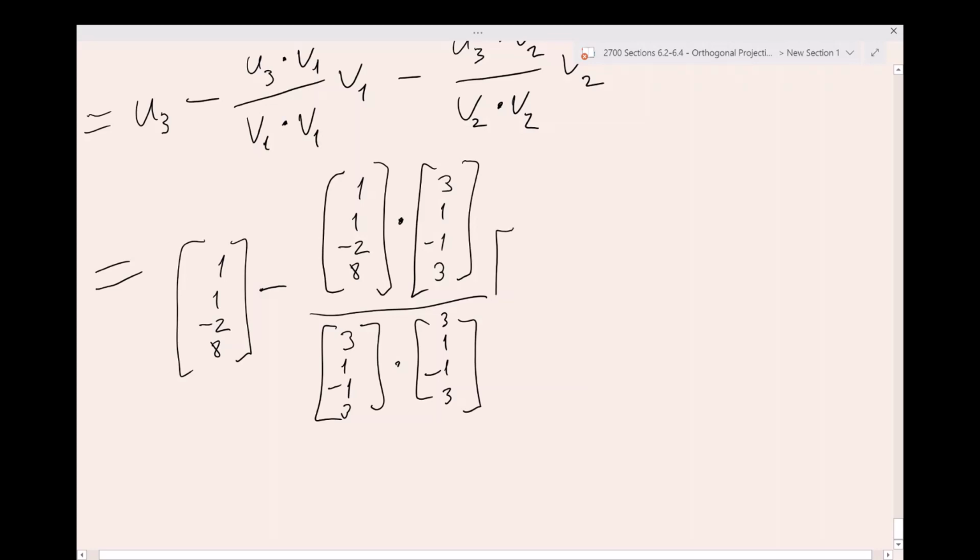And then we're using that to scale v1, so 3, 1, negative 1, 3.